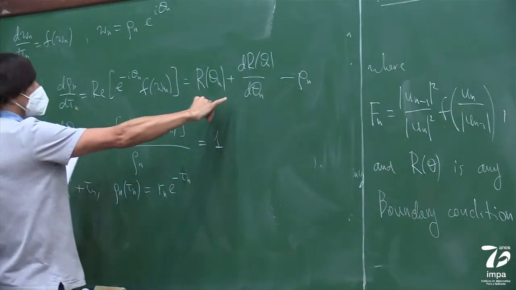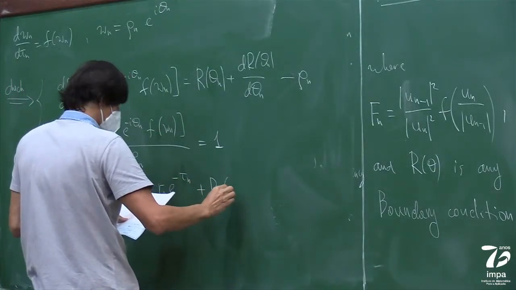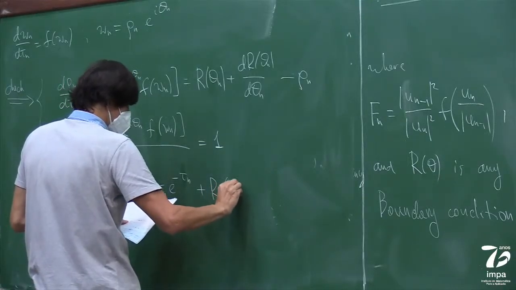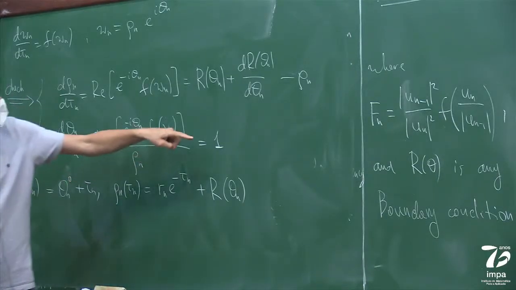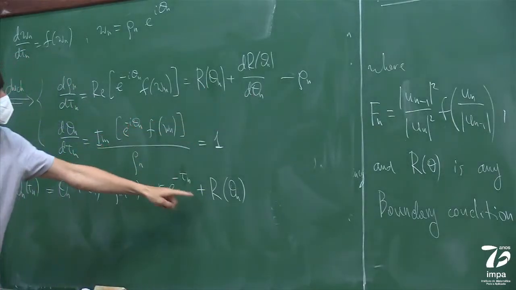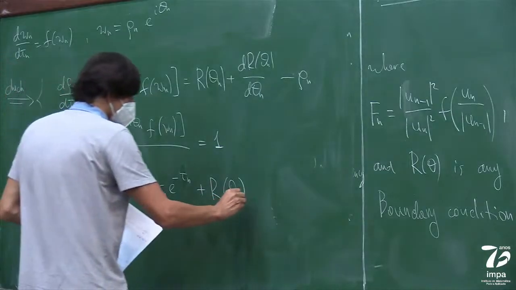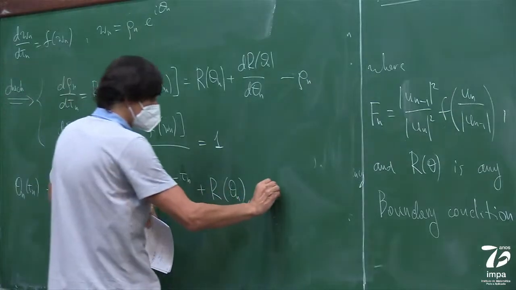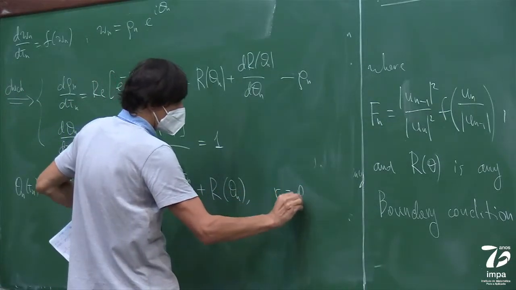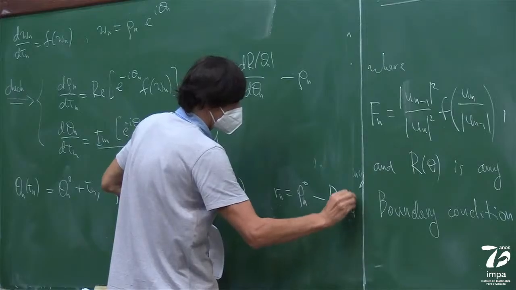And then in order to take into account this term, we just add R theta n. You can check by differentiating this, R from here will cancel the first, and R from here will cancel the second. So these two terms cancel. That's it. From the initial condition, you can check that Rn is rho n at the initial moment minus r at theta n at the initial moment.